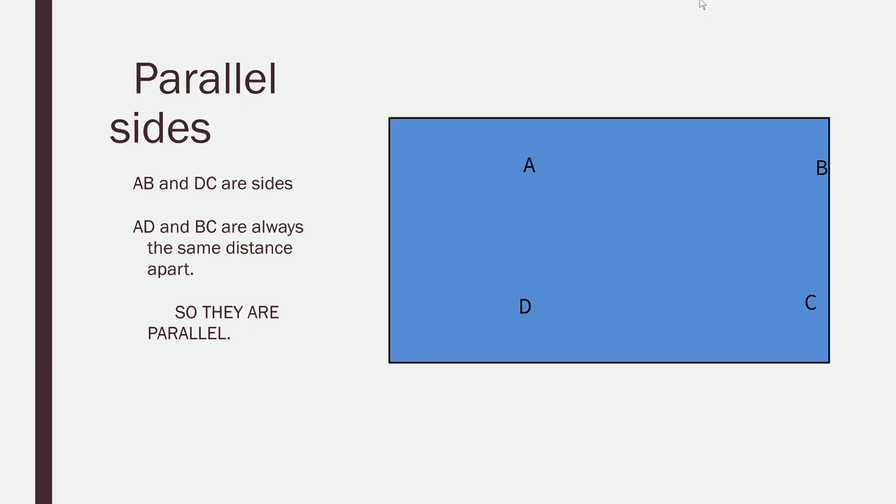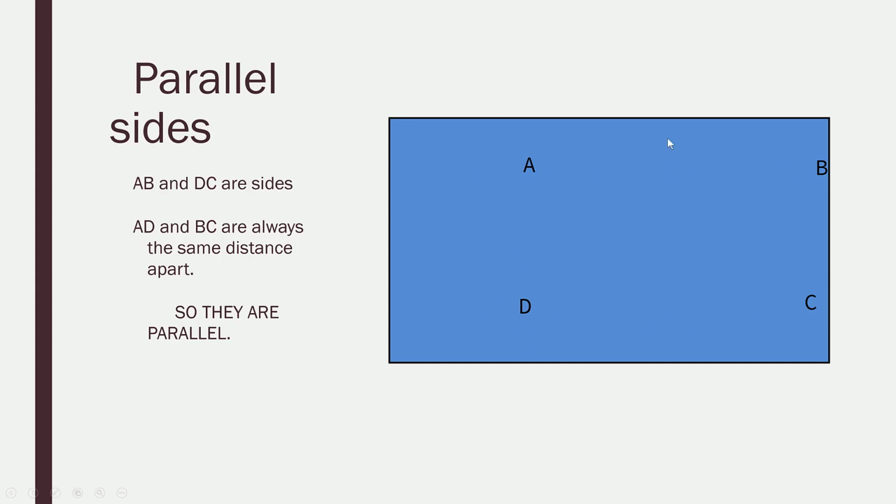Parallel sides. We looked at parallel lines in the previous lesson, and parallel sides are just like parallel lines, except they are joined together in a shape. And so here we have A and B, and we have D and C, and those are two sides.